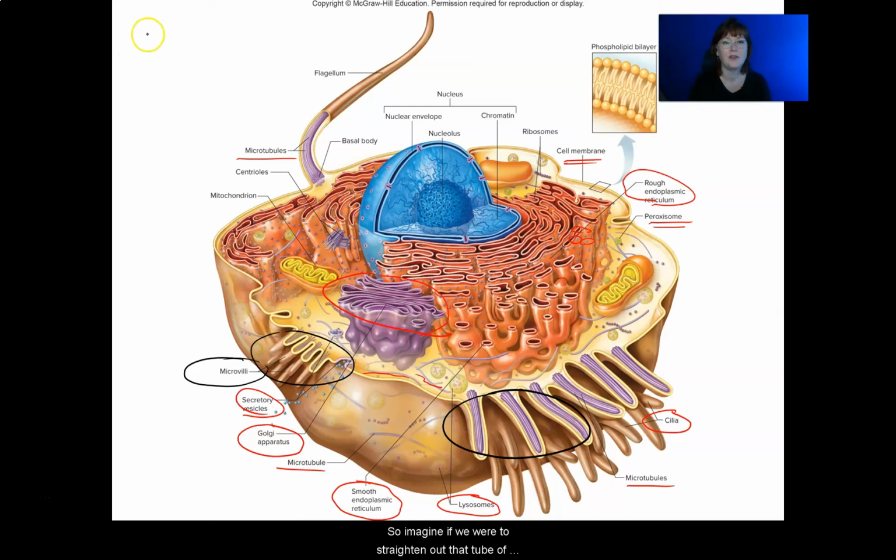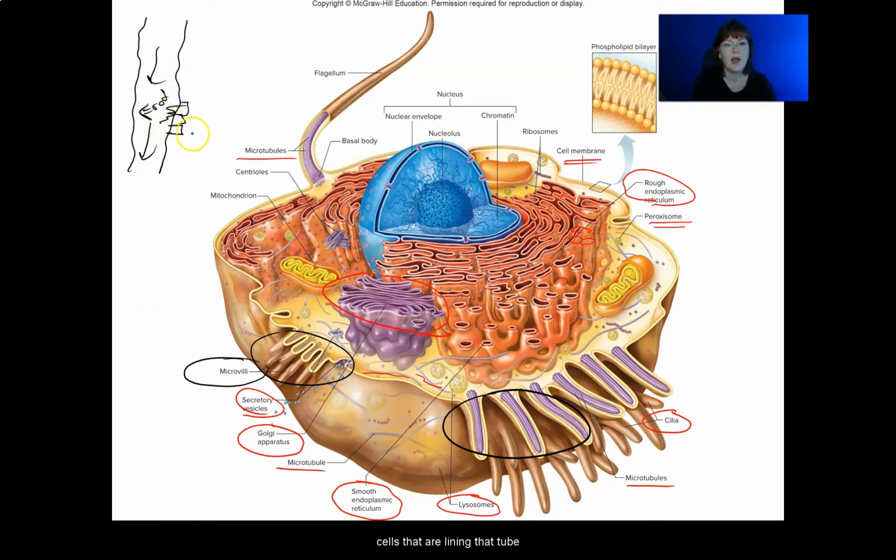So imagine if we were to straighten out that tube of your small intestine here, and you've got food kind of traveling down that tube. So you're going to have these cells that are lining that tube that are going to have these little microvilli on them to increase the surface area so there's more contact with that food so that we can pull those important molecules into the bloodstream.